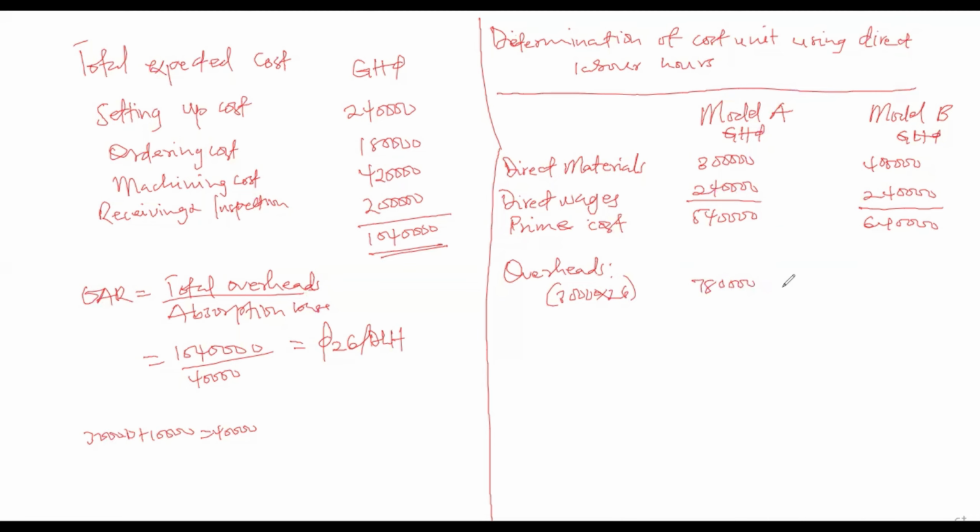And the direct labor hours for model B is 10,000. So 10,000 by 26 gives us 260,000.